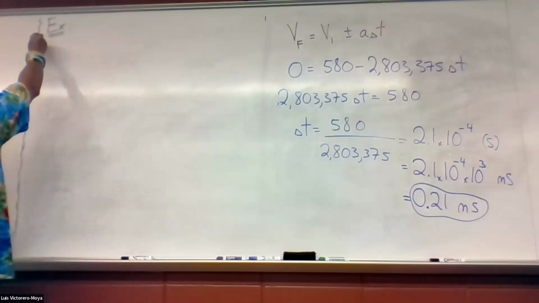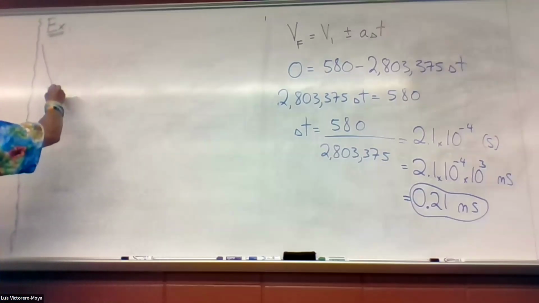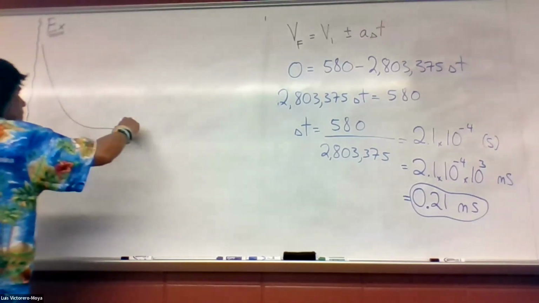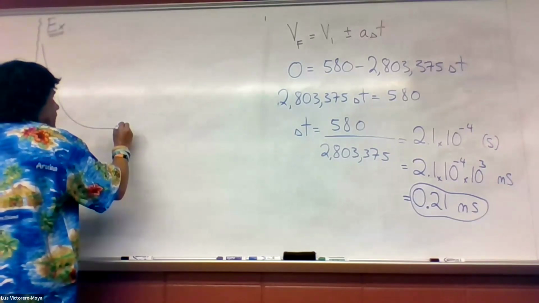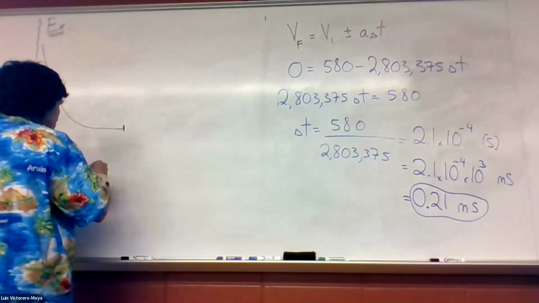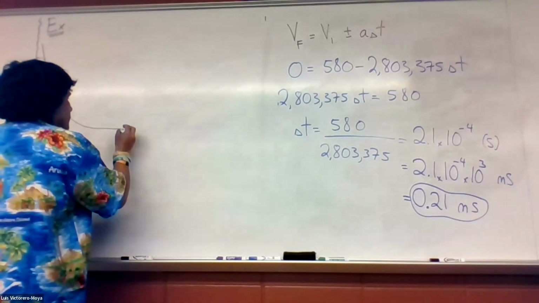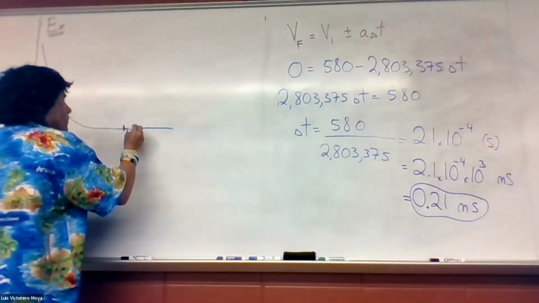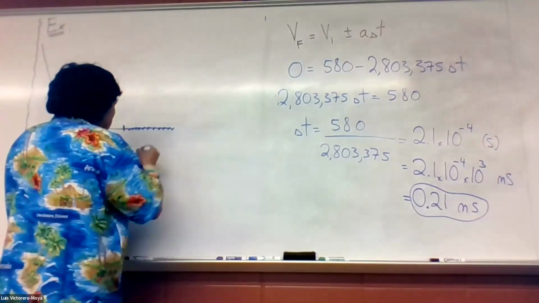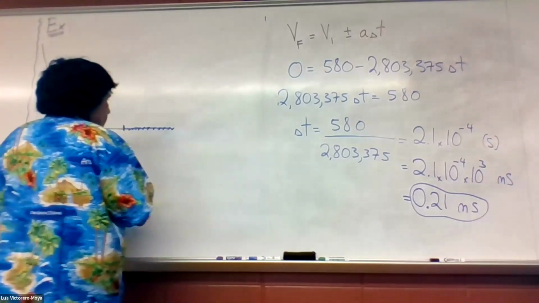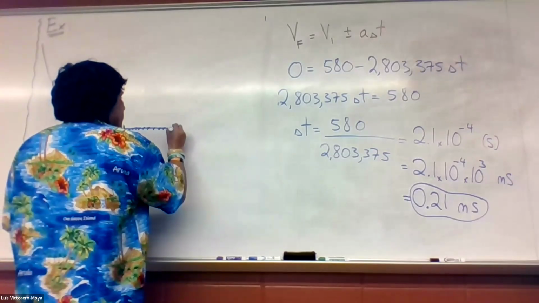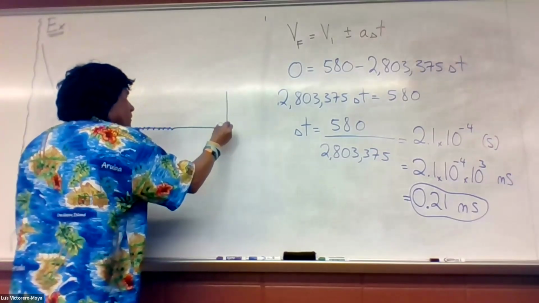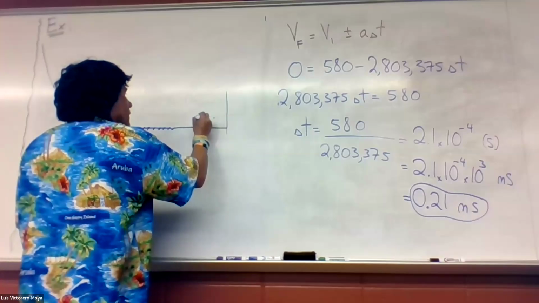So we have a slide with no friction, like this. And then it reaches a path with friction. And then it continues without friction until it reaches a spring.